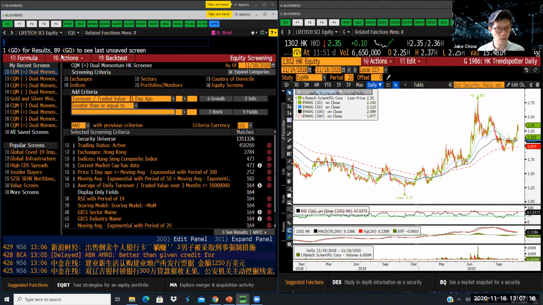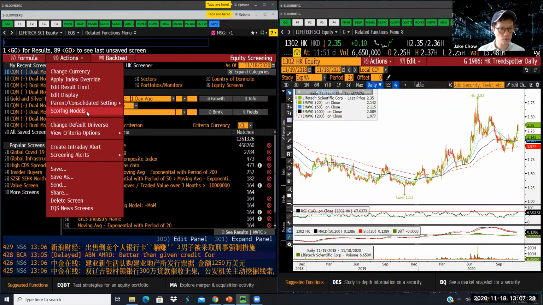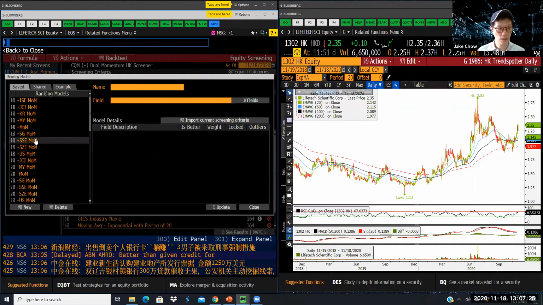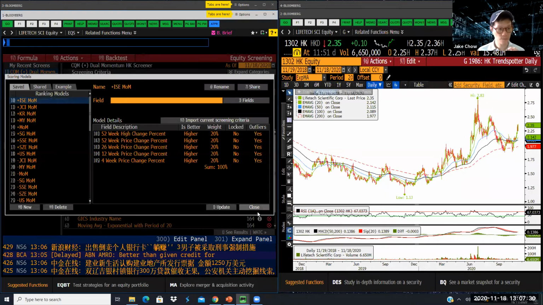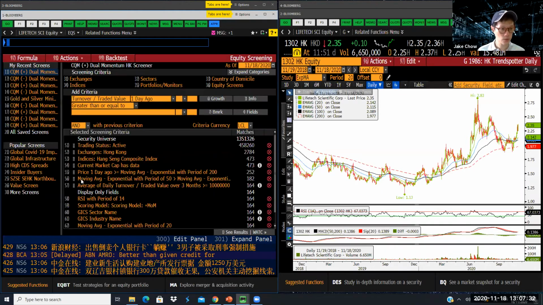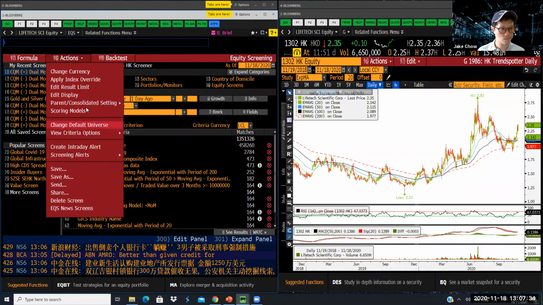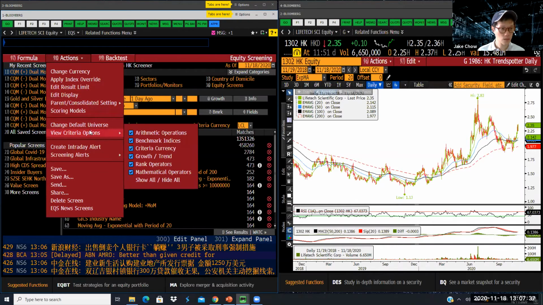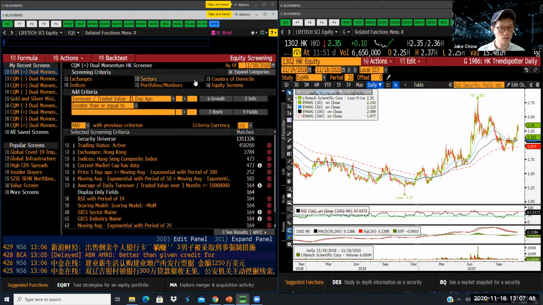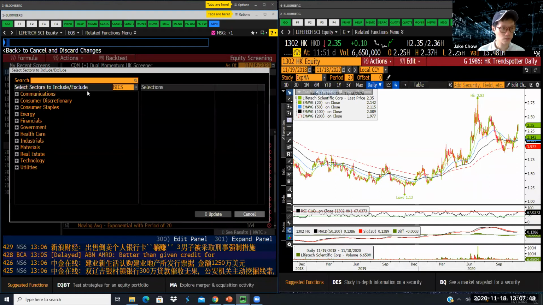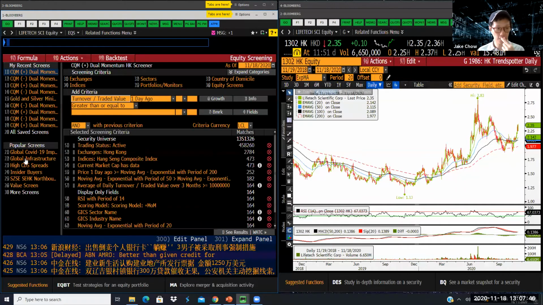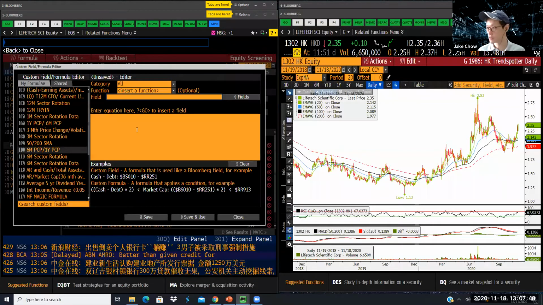Like for example, let's say we do this. Where's the scoring model? Okay, let's say you pick a scoring model. Okay, you click on formula. You can create your own customized formula over here.